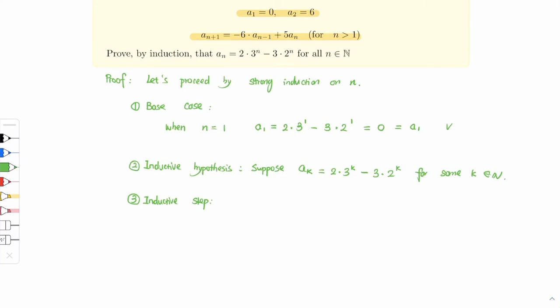So for the inductive step, I want to show a of k plus 1 equals 2 times 3 to the k plus 1 minus 3 times 2 to the k plus 1. This is what I want to show. Let's start from the left. So a k plus 1, by definition, equals negative 6 times a k minus 1 plus 5 a k.